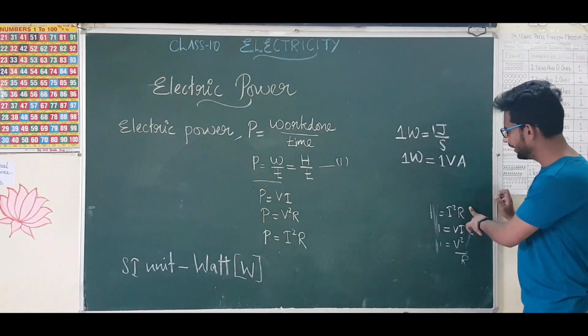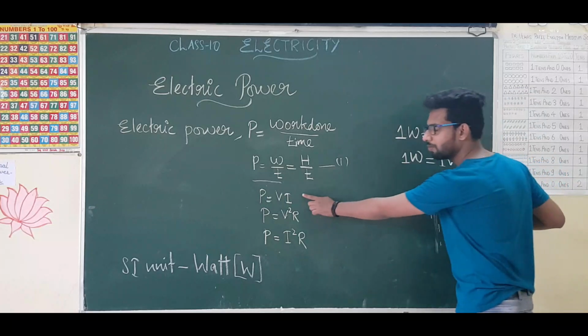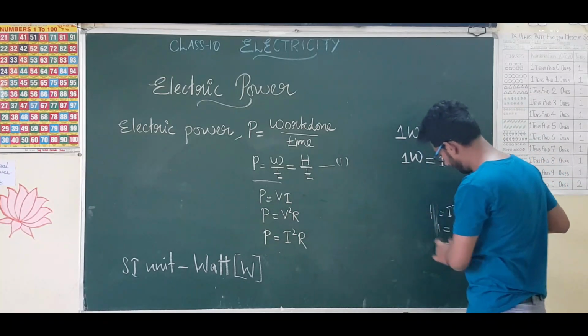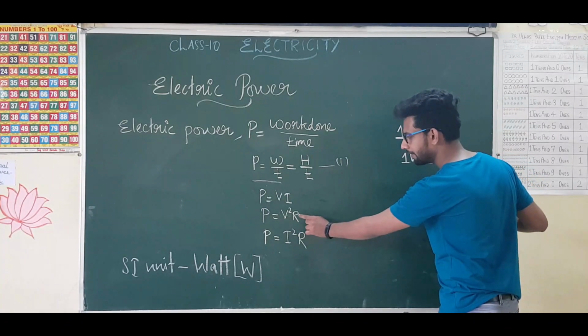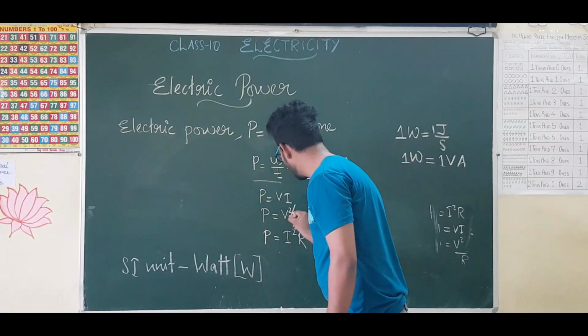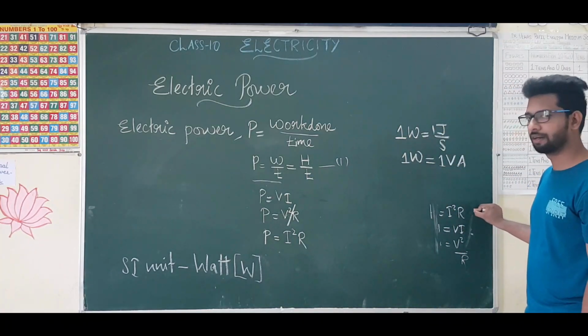If you remove T from the first equation, you will get P equal to VI. From the next equation, if you remove the T, you will get P equal to V square by R, and from the third equation P equal to I square R.